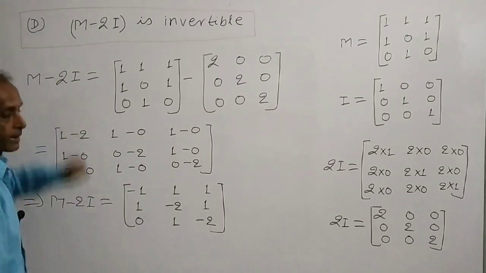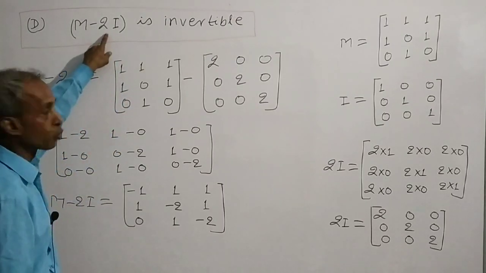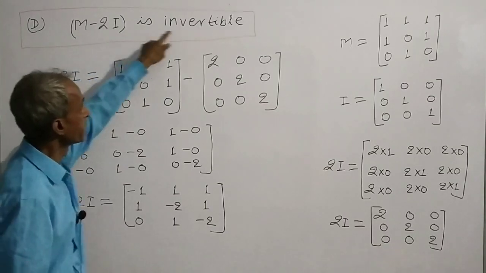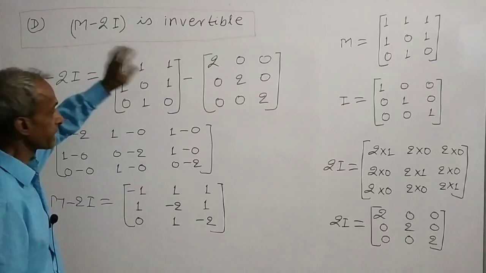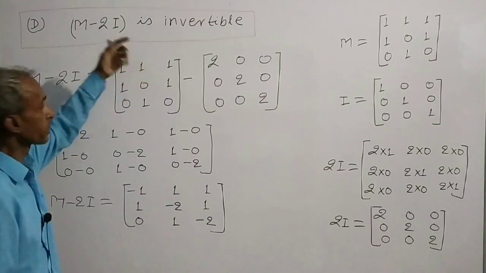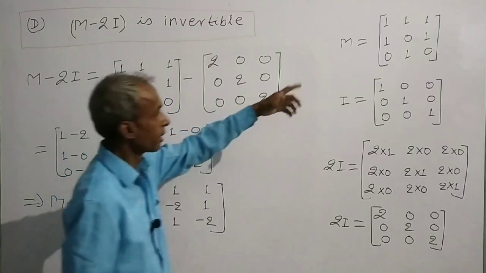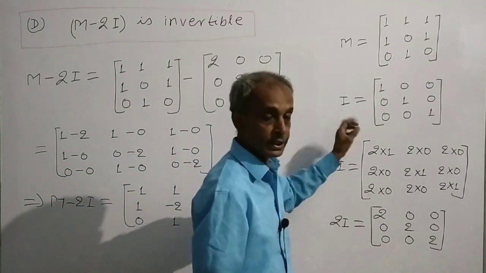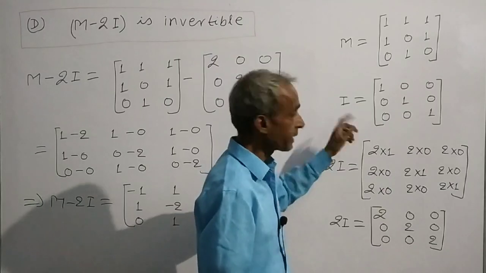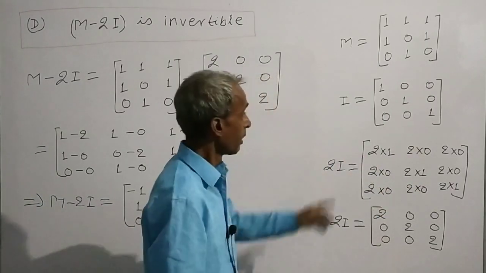In option D, a statement is M minus 2I is invertible. To check whether this statement is correct or not, first we will find M minus 2I. M is this matrix, I is unit matrix, I is also called identity matrix.